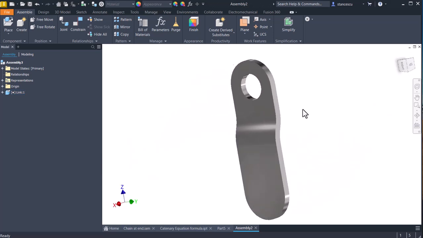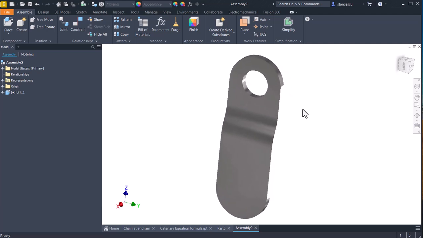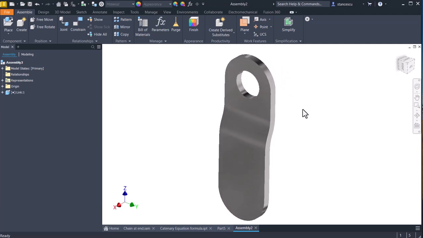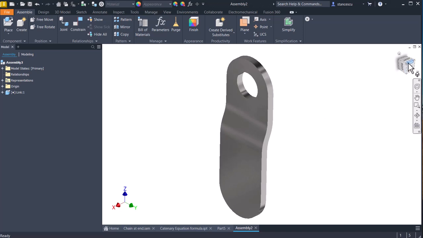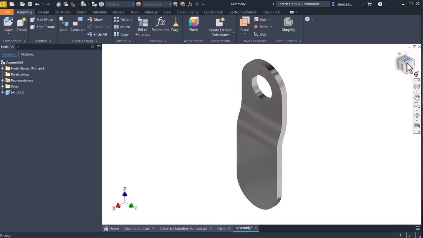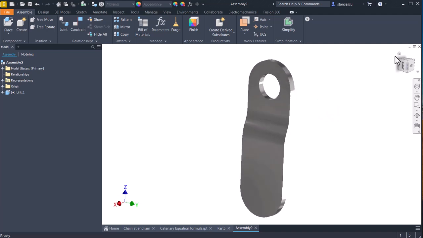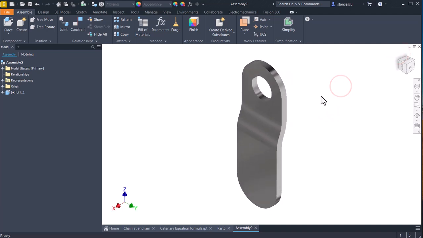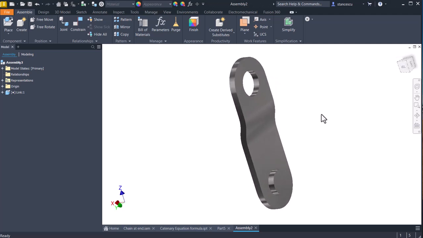Firstly, let me change the position in order to obtain the presentation of Inventor 2024, not 2014. 10 years ago I made this. Good. Now we have the first link, and we add other 20.